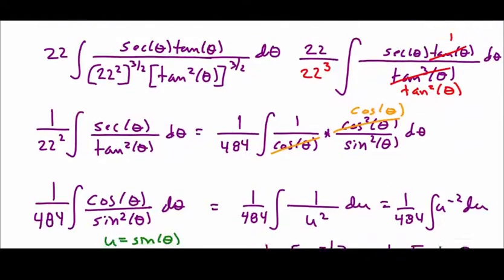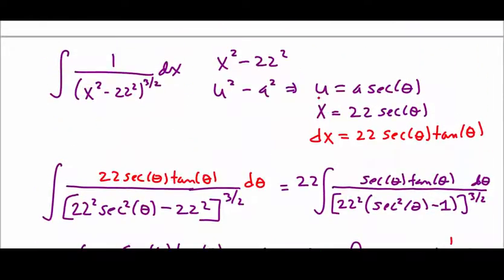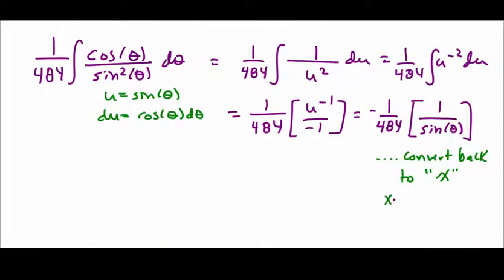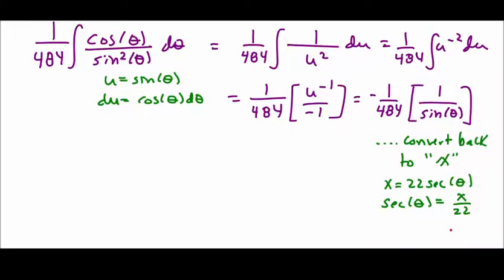Okay, so to convert back, I come clear back up here to my original substitution. And my original substitution was to let x equal 22 secant theta. So if I solve for secant theta here, I get x over 22. Now secant is 1 over cosine.